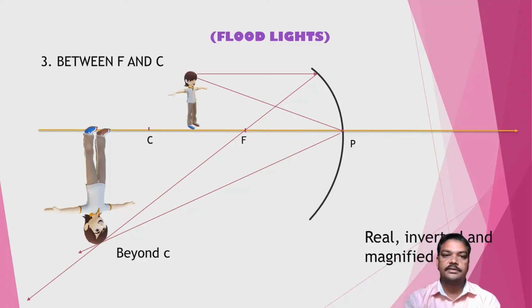In floodlights, the bulb is placed at an appropriate distance, that is beyond the focal length and less than the radius of curvature. Reflected light rays would converge at a point beyond the center of curvature, so that light rays get spread over a large area.